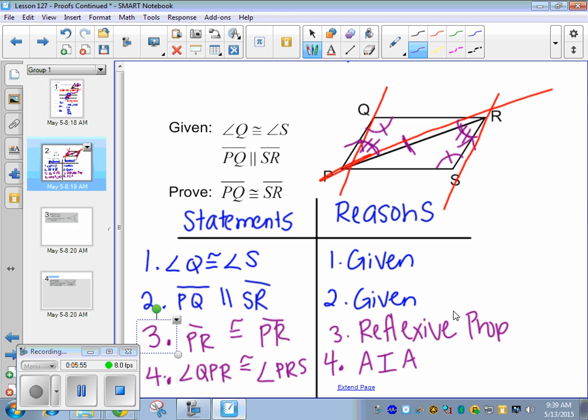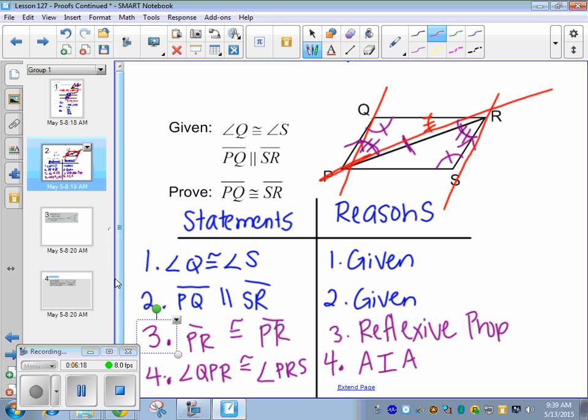All right. So we have a side and 2 angles. So Zeb, what else can we say is equal here? Not sure. Ethan, what do you think? Good. So we know 2 angles, we know 3 angles.